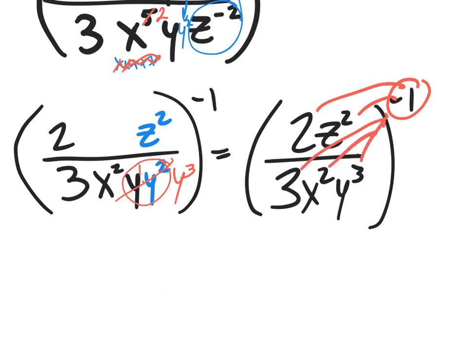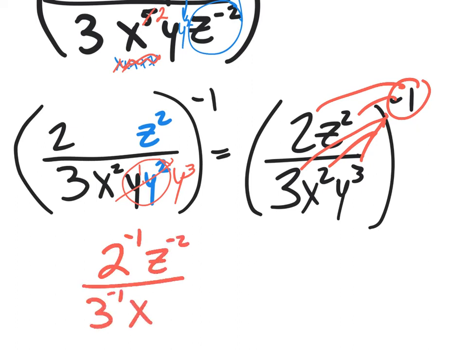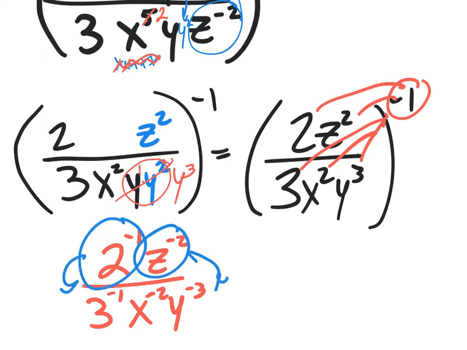So my new answer will be 2 to the negative 1, z to the negative 2, 3 to the negative 1, x to the negative 2, y to the negative 3. Are you with me? Yes. And then we take all of the terms. That guy goes down, this guy goes down. In other words, everything completely flips. And it becomes positive because this negative 1 goes up, this one goes up, this one goes up. They all switch, right?